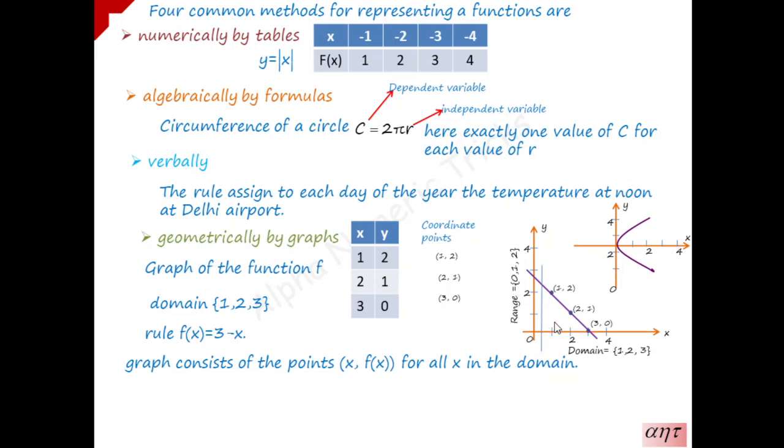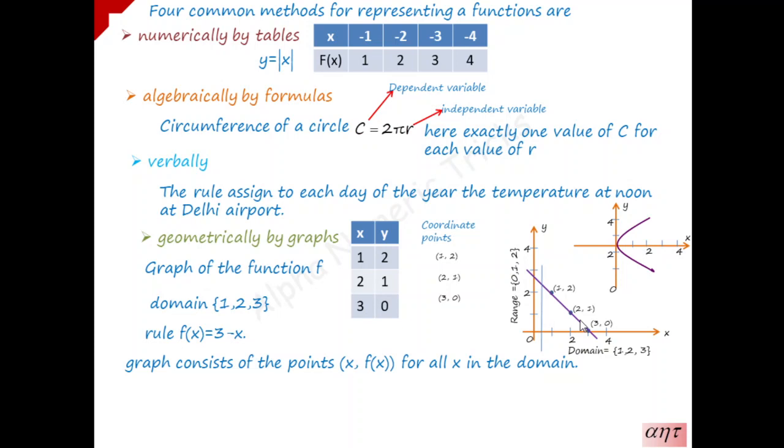When you move this line from here, the point of intersection we get is only one point. The straight line touches the graph at only one point. So for each input we get exactly one output.